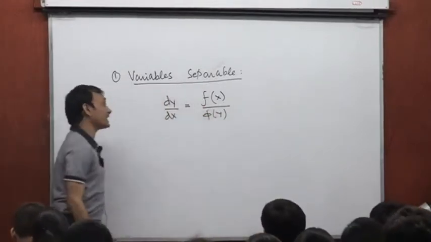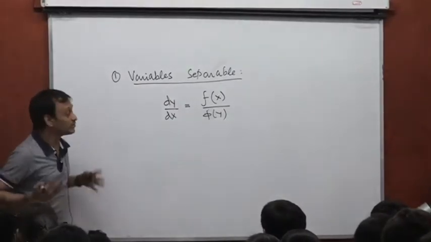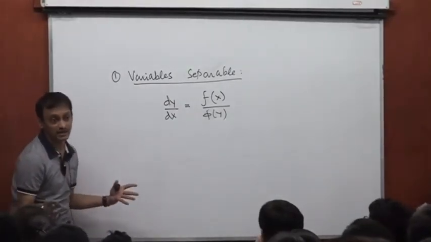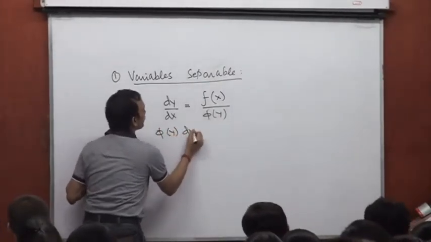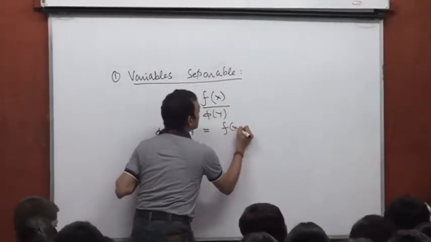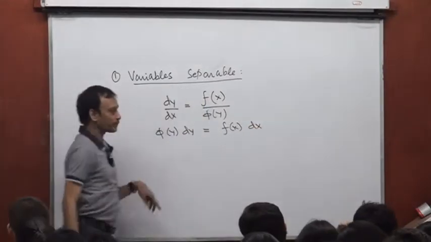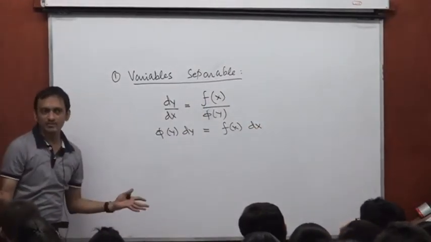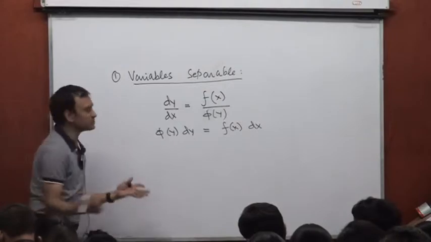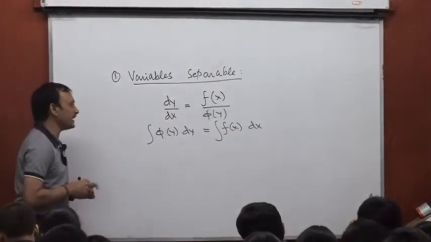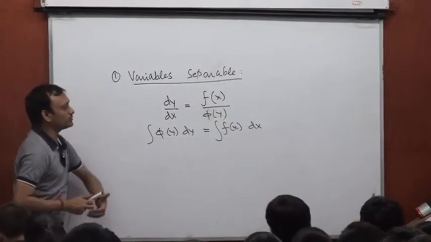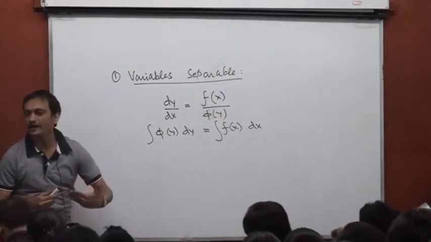If a differential equation can be written like this, then realize that the variables can get easily separated here. I have then something like g(y) dy equals f(x) dx. The variables have got separated very easily without too much of a problem, and then you can go ahead and integrate, and what emerges would be a relationship between y and x.